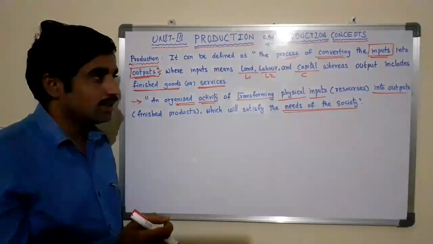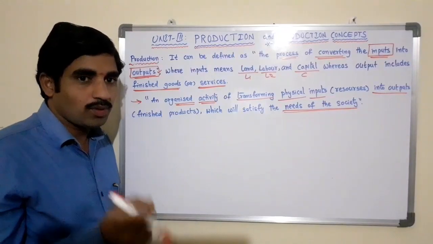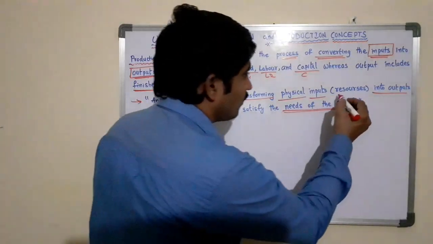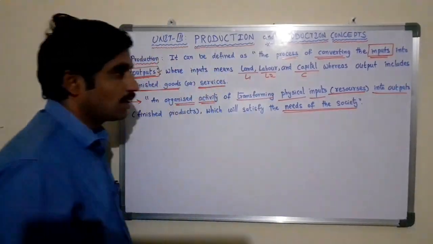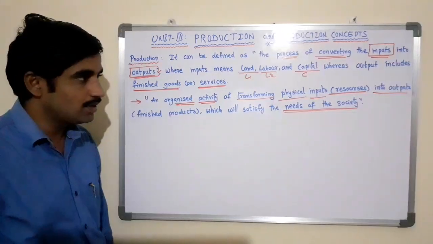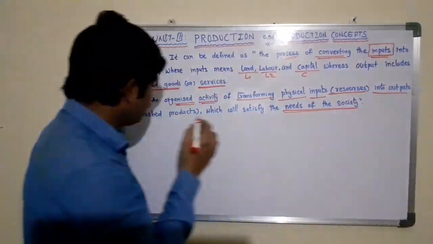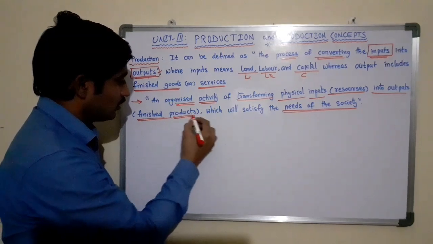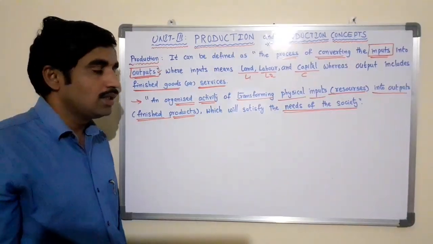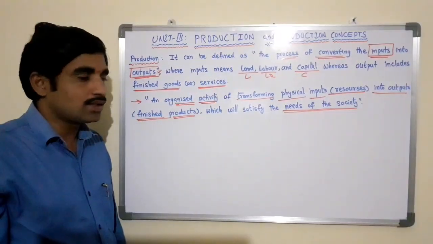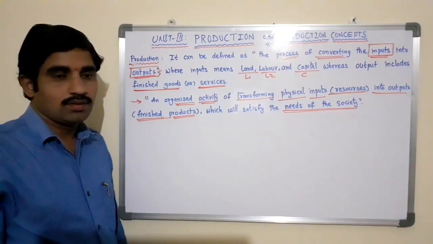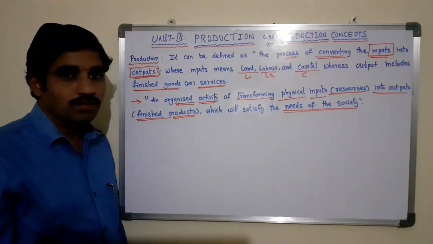Here the physical inputs mean the resources available to the business, and output means the finished product, readily available for the customers to use. That is production.